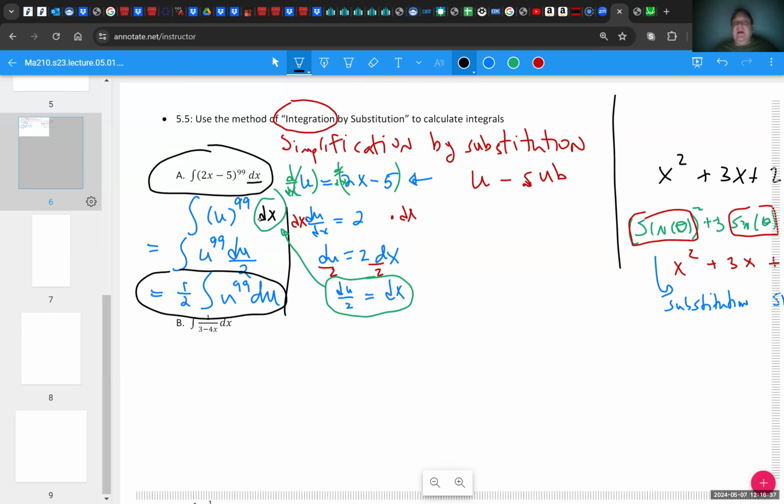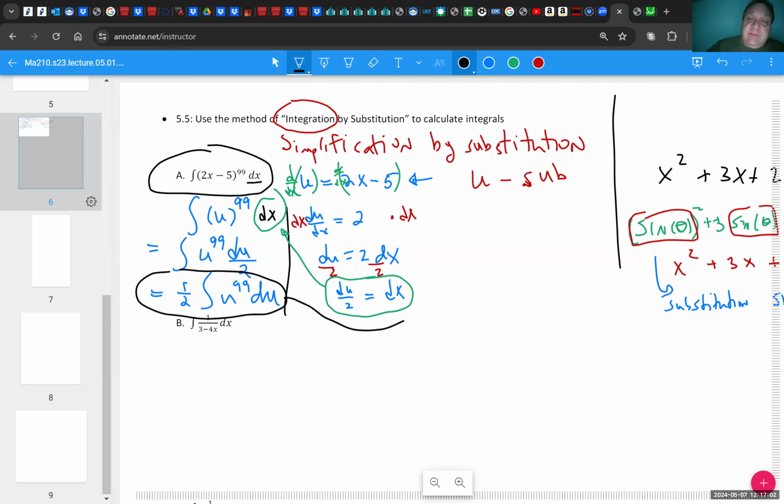Beyond that, there's no integration going on. We're just algebraically simplifying this into 1/2 integral of u^99 du. But in u^99 du, the variables match. It's like x^99 dx or t^99 dt or u^99 du. We know the antiderivative of that because that's just the power rule.